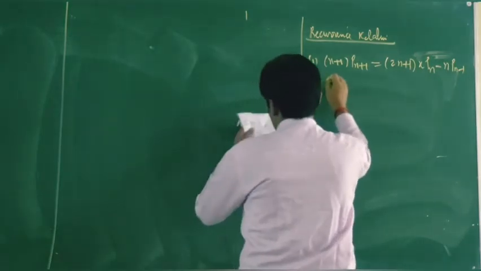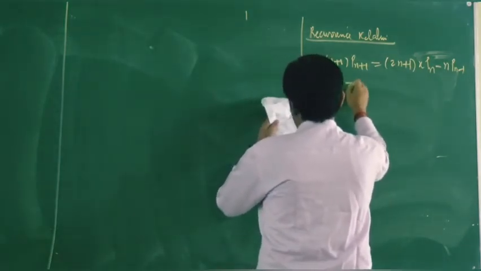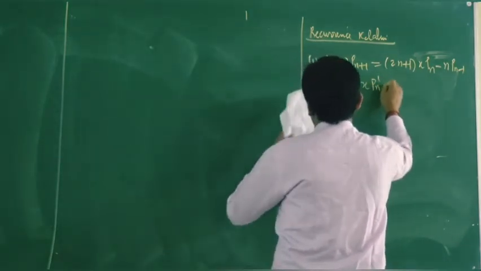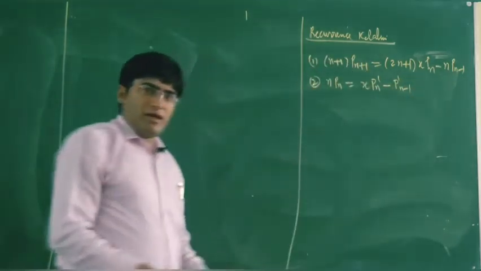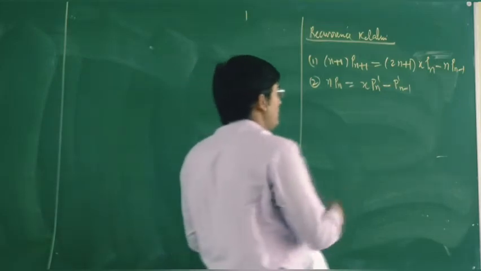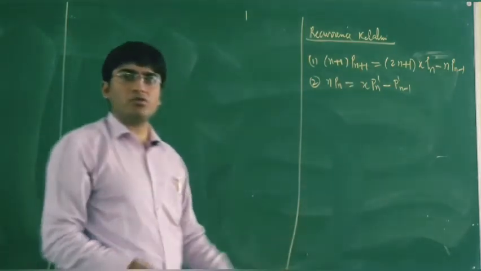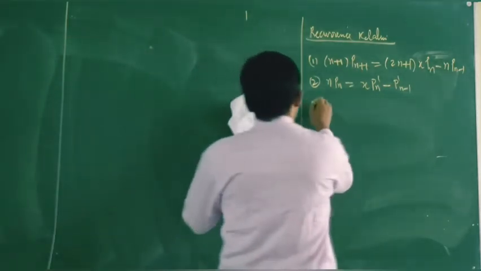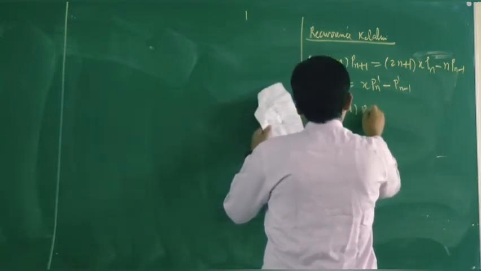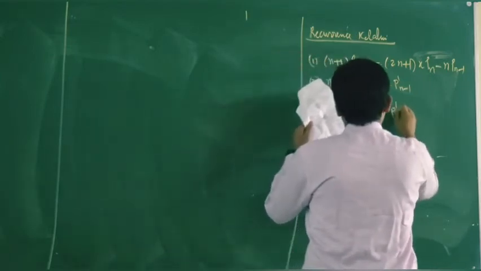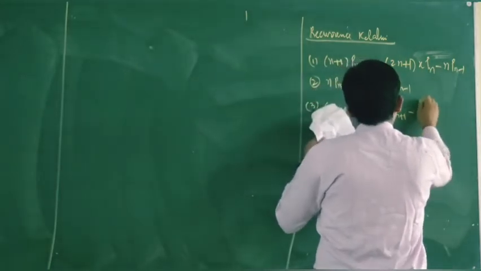Then the second one is the derivative: n P_n equal to x P_n dash minus P dash (n minus 1). And all the remaining recurrence relations are just the rearrangements of these 1 and 2. The third one is (2n plus 1) P_n equal to P dash (n plus 1) minus P dash (n minus 1).